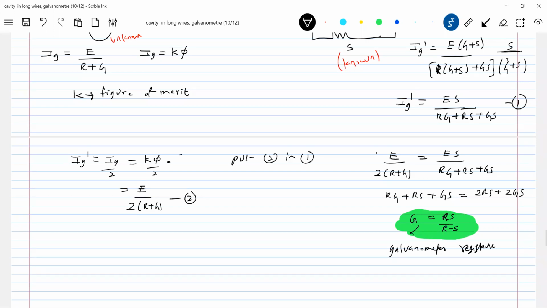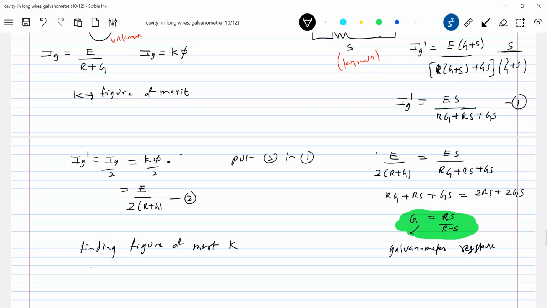And now the figure of merit. I came to know G, no? I'll use these two equations. So now finding the figure of merit K. What is the value of G? G I calculated from this equation.